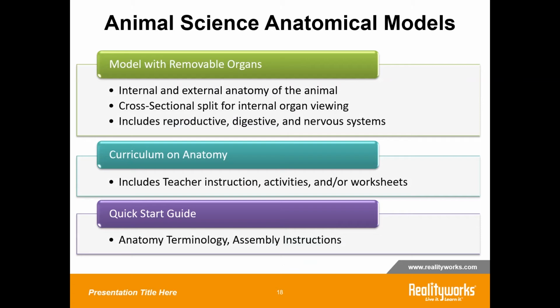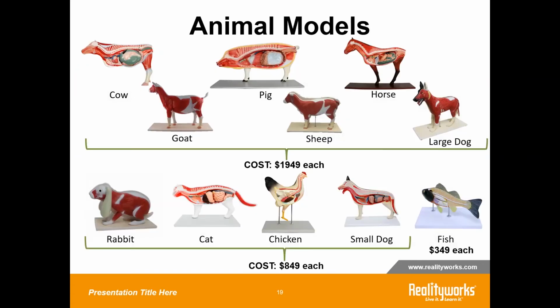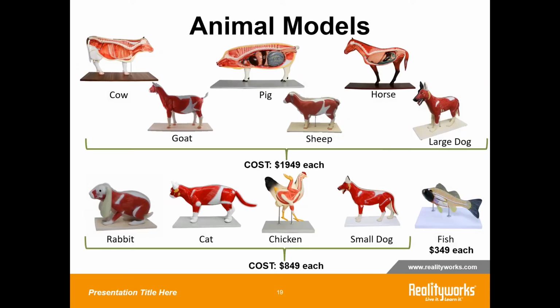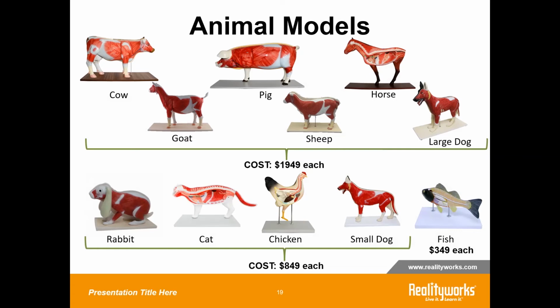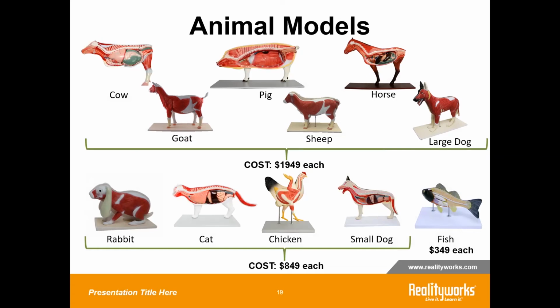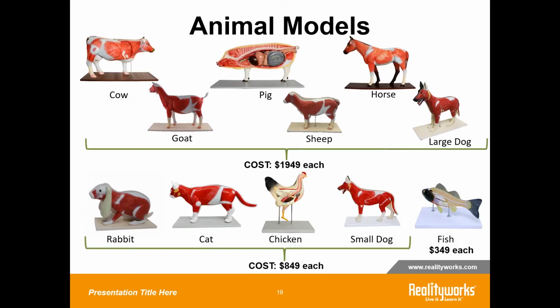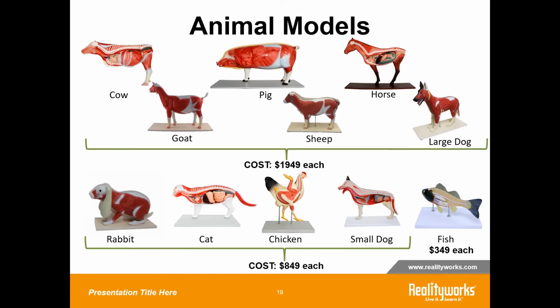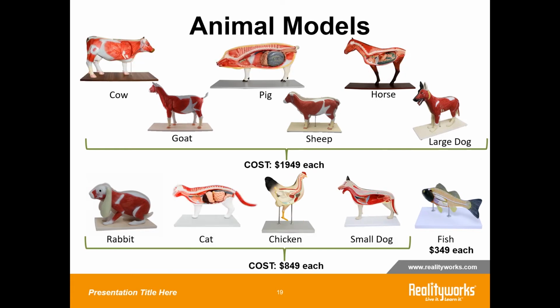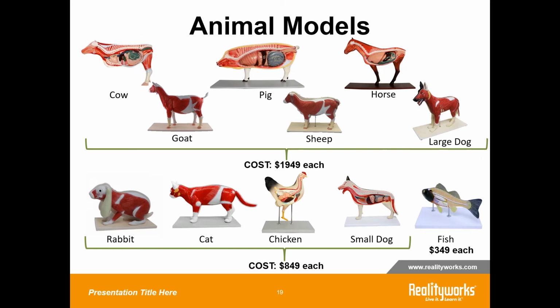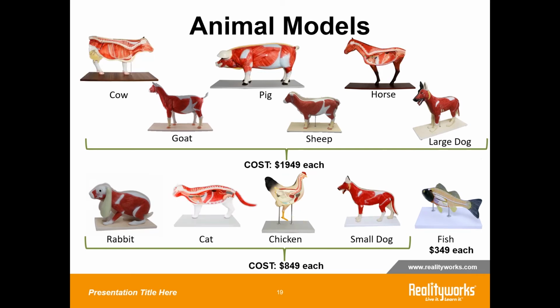We also have curriculum on every single anatomical model in the agriculture world, and quick start guides giving terminology and assembly instructions, allowing you to be able to use these as not only demonstration tools, but also as tools to allow hands-on learning. Have students take apart, see the systems, interact with the systems, be able to know what the differences from different systems are. All of these allow you to be able to engage your students in different types of anatomical understanding and training.